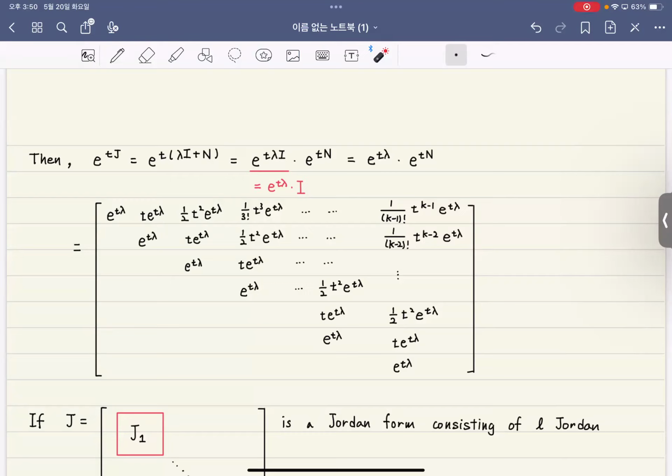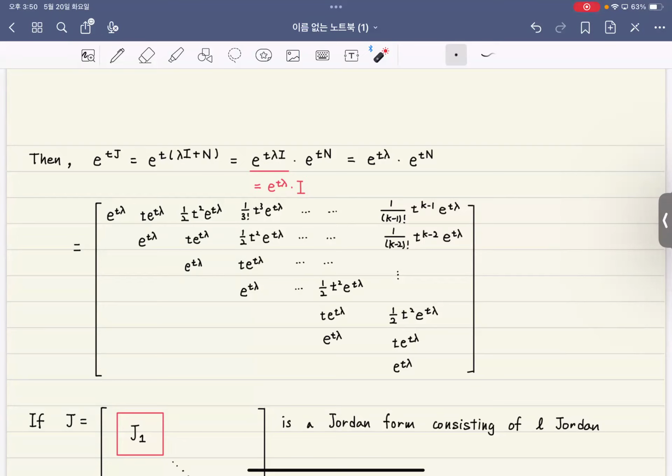Yeah, I know, it sounds very scary. I feel like I'm spitting out too many theories in a limited time. But I believe you can easily read the pattern from this matrix. There's a bunch of t's and exponentials, and t times exponential, one over two times t squared times exponentials, and the pattern of this matrix is very easy to follow, I think.